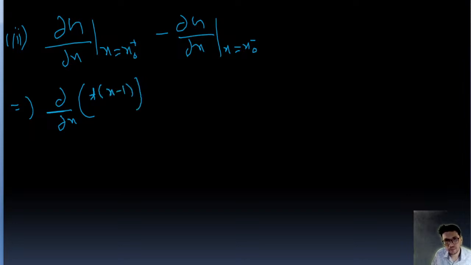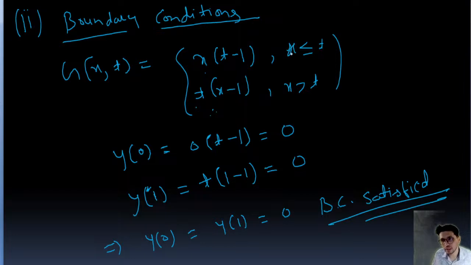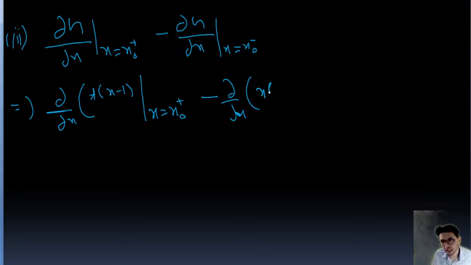At x equal to x naught plus, which means the greater term. Minus del over del x of this, the lesser value, where x is less than t: x into t minus 1, at x equal to x naught minus, which means a lesser value.